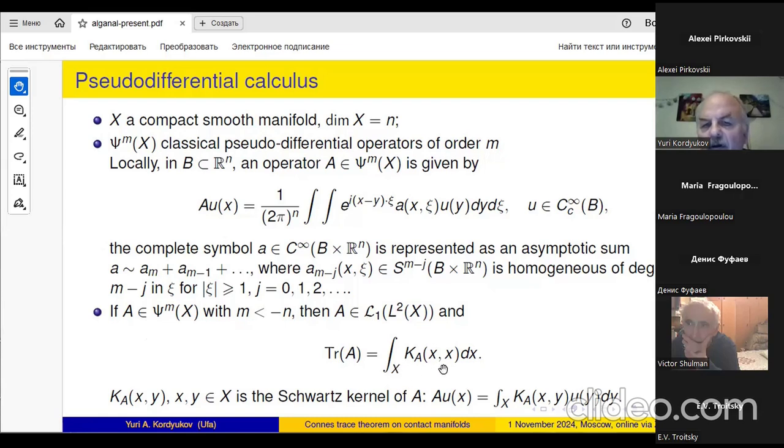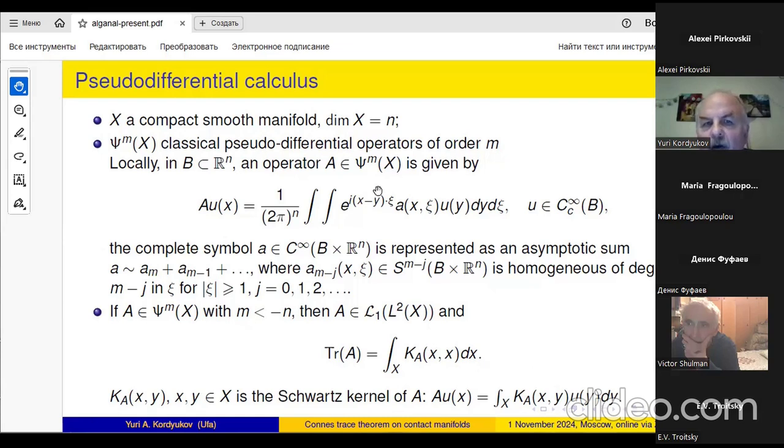This is the integral of the kernel over the diagonal with respect to some fixed volume form. And the kernel is just the Schwarz kernel of this operator. And in this case, when m is less than minus n, the kernel is just a continuous function. So the integral is well defined.